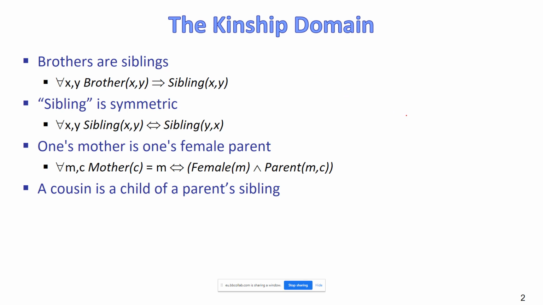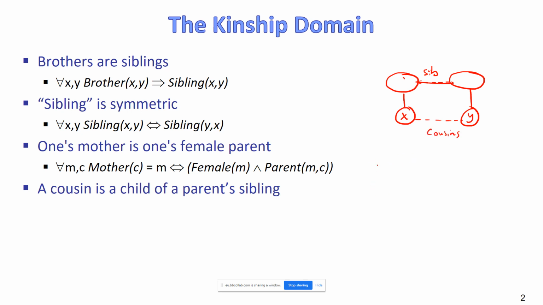If I have two persons like that, let's say here X and Y, one of the parents of X, let's say that this is the parent of X, and that's the parent of Y. If these two parents are siblings, okay, so that's sibling, then X and Y are cousins, right?